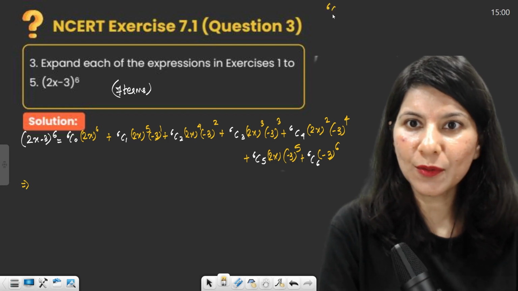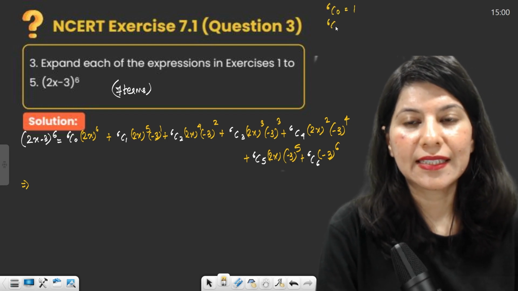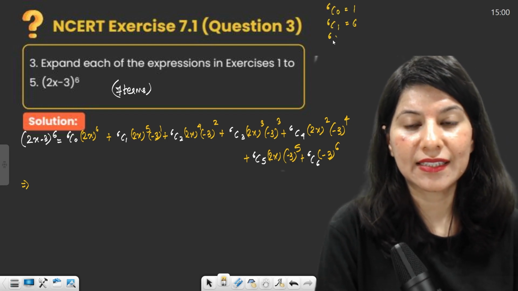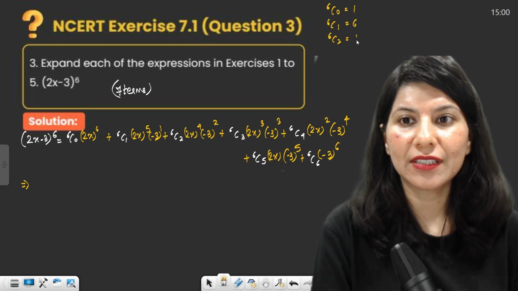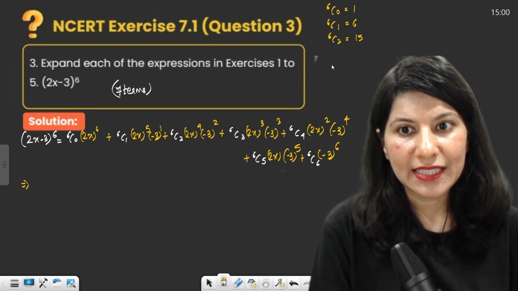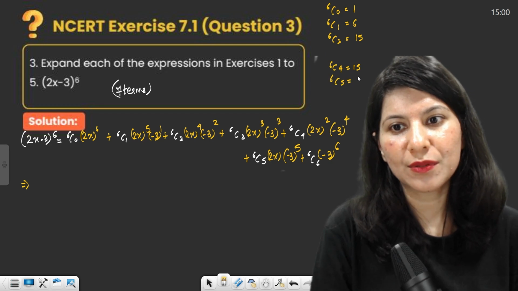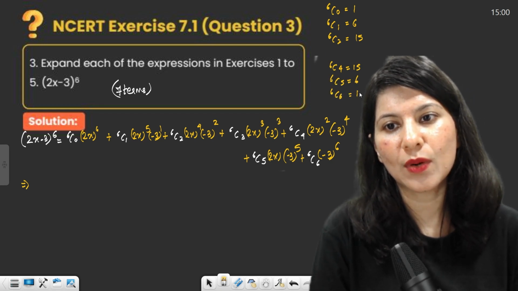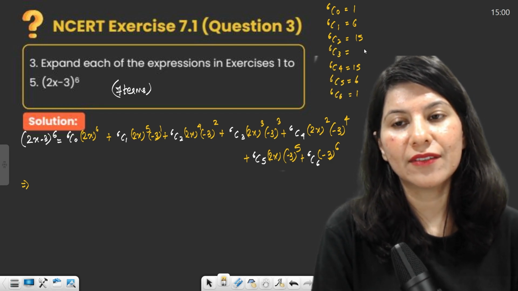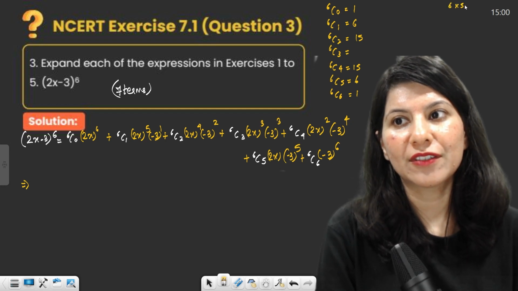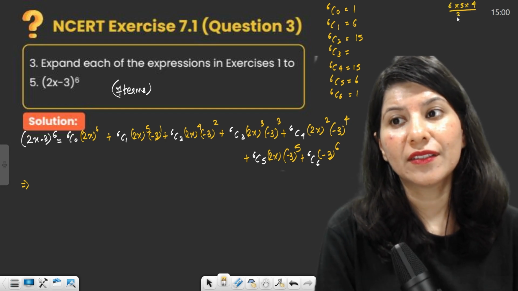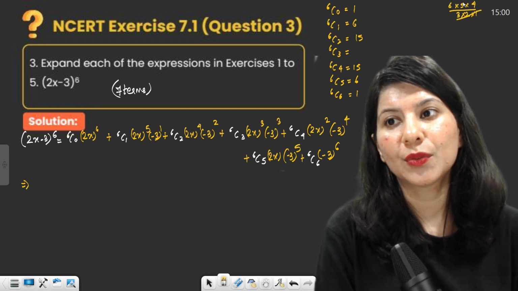See, 6c0 is 1, 6c1 is 6, 6c2 is 6 5s are 30, 15. 6c4 is also 15, correct? 6c5 is also 6, 6c6 is 1 and last 6c3 will be 6 into 5 into 4, 3 into 2 into 1, so 20.